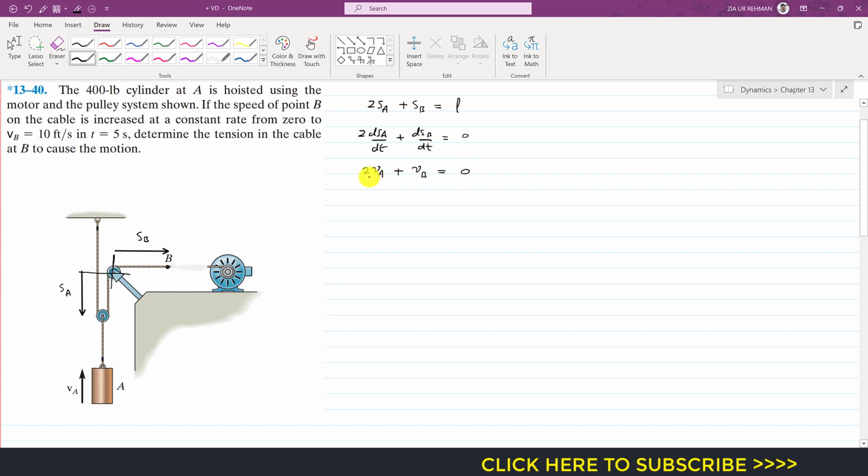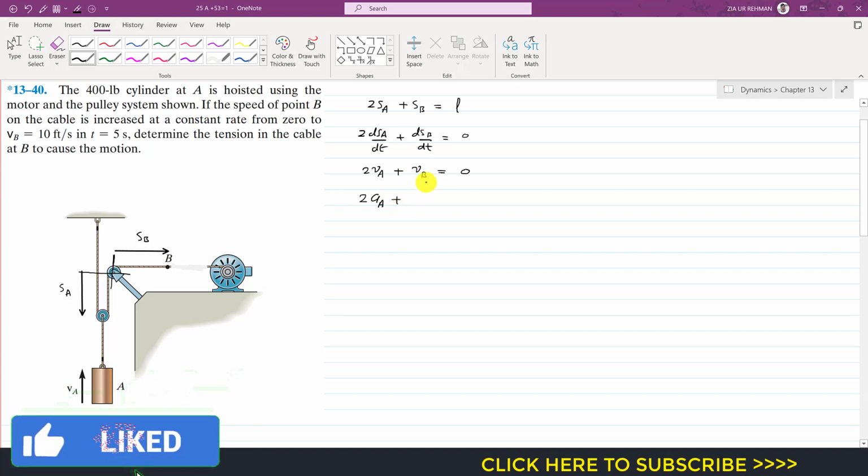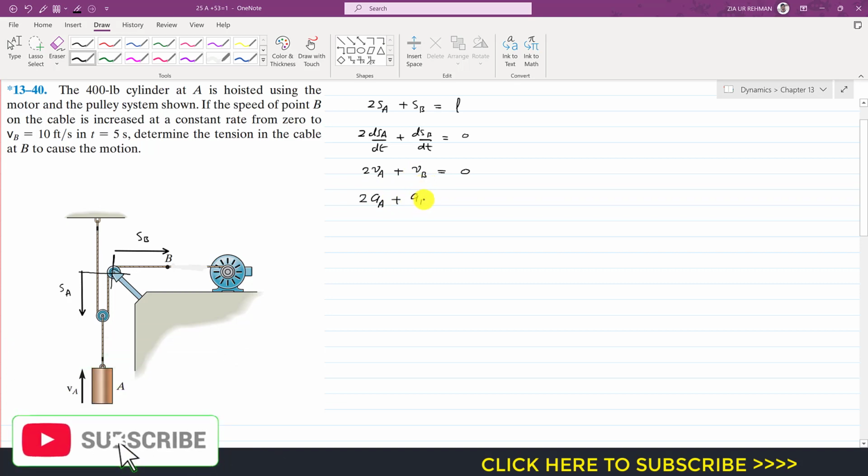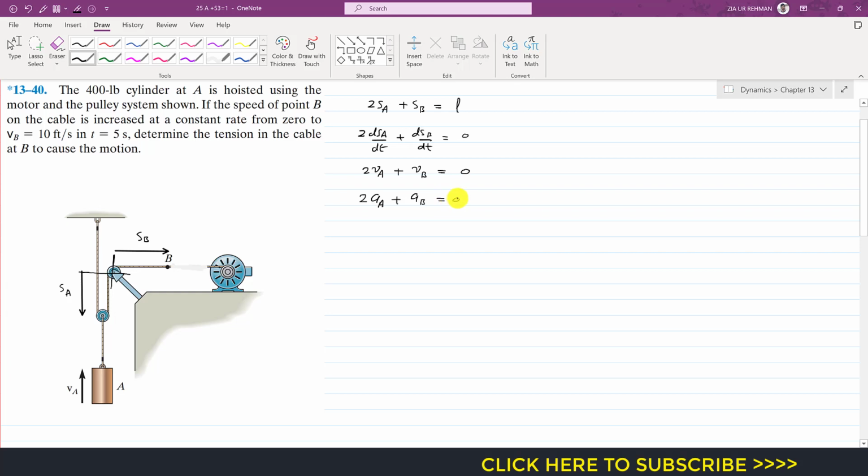If we take another derivative, that will give us the accelerations. So dVA by dt is the acceleration of cylinder A, plus dVB by dt, the acceleration of point B, and this is equal to 0. From this we can write that AA, the acceleration of the cylinder, is equal to minus AB divided by 2.